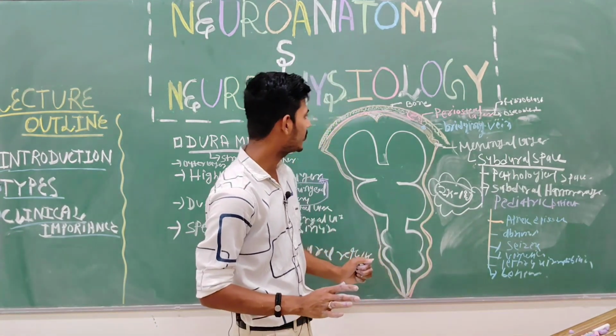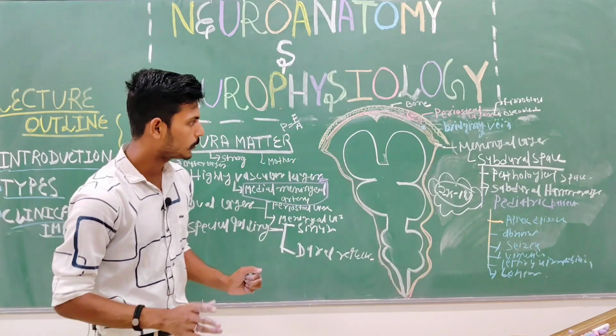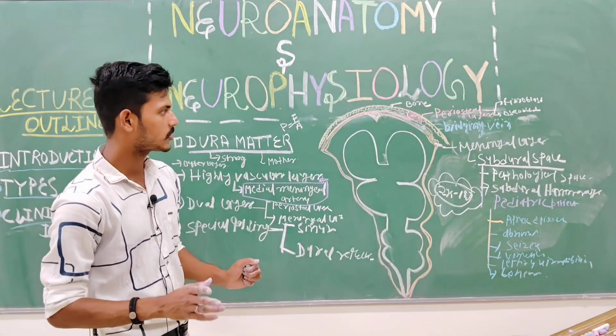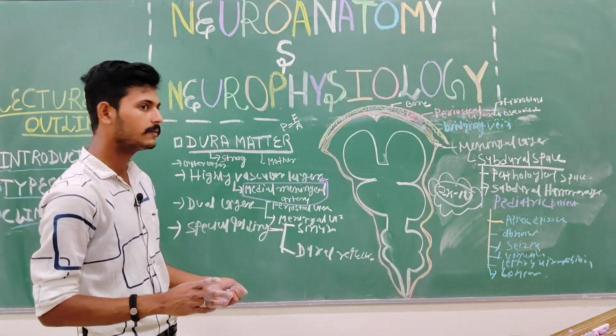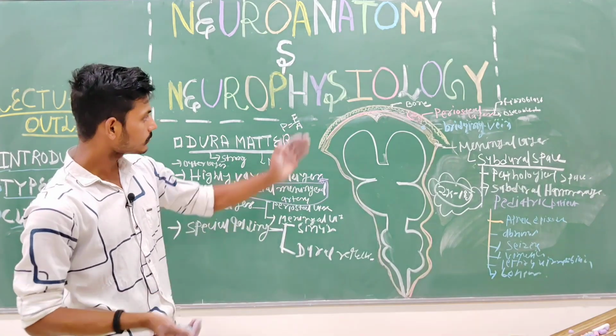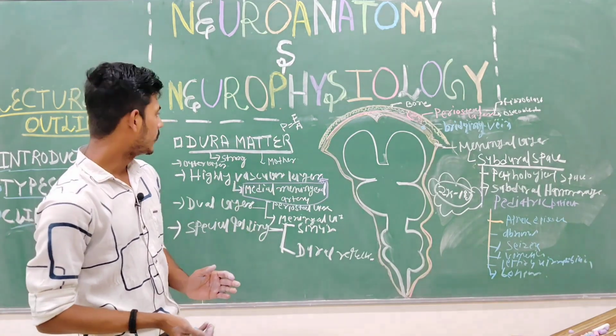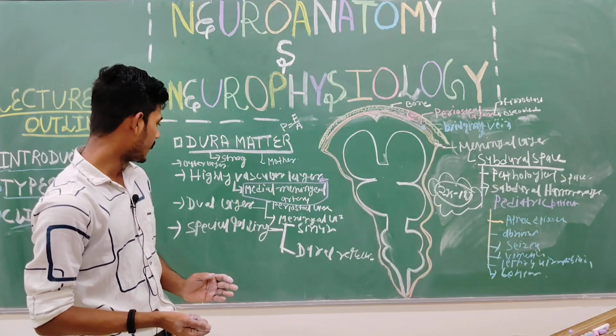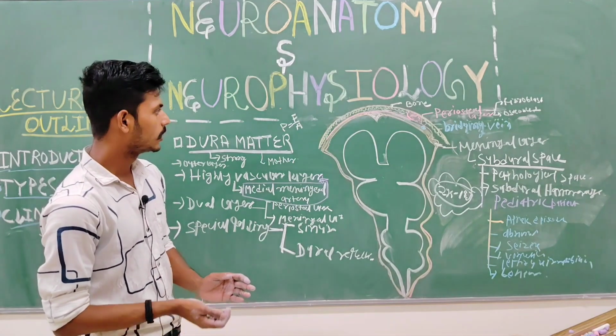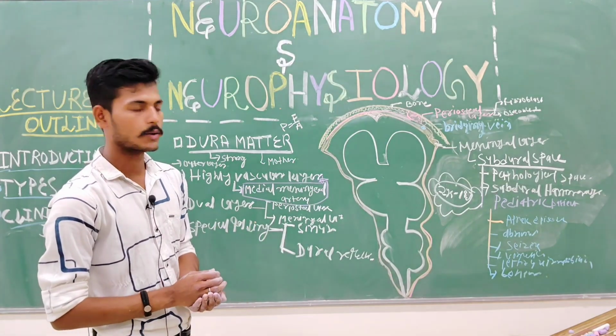Once you understand the epidural space, subdural space, periosteal layer and the meningeal layer of the dura mater, let's move ahead and discuss the next layer, called the arachnoid mater.